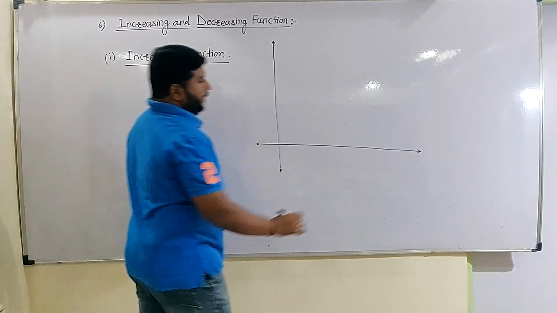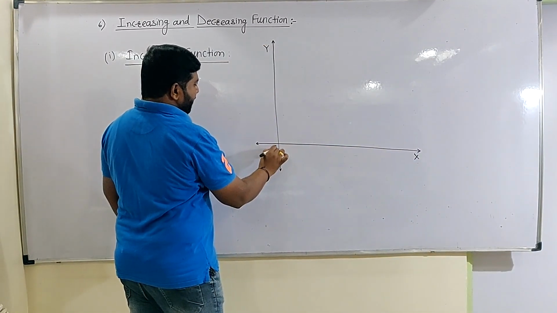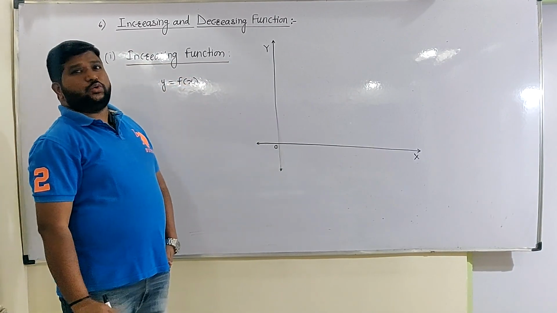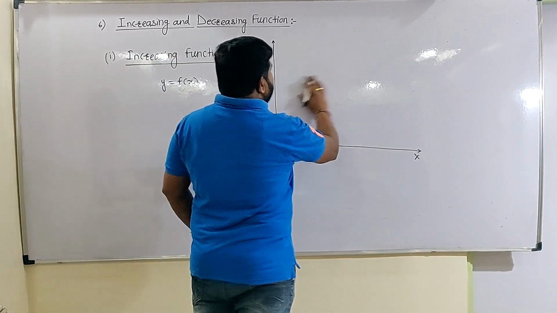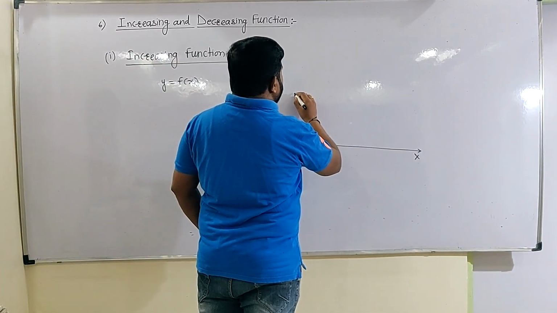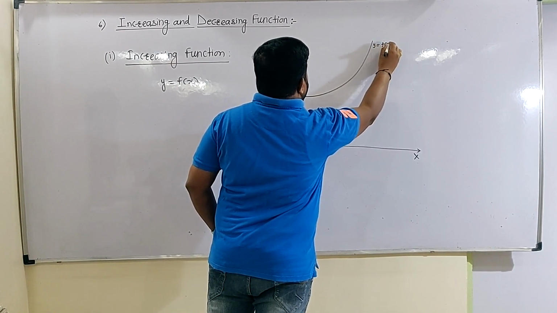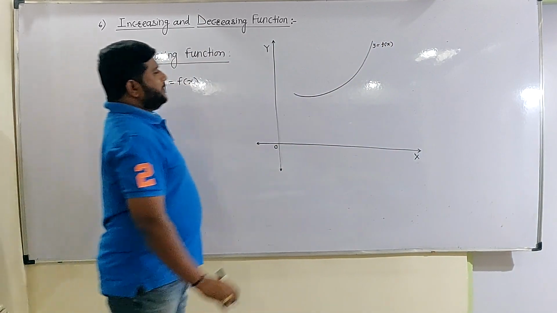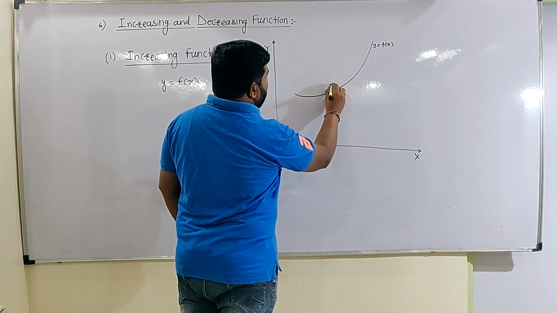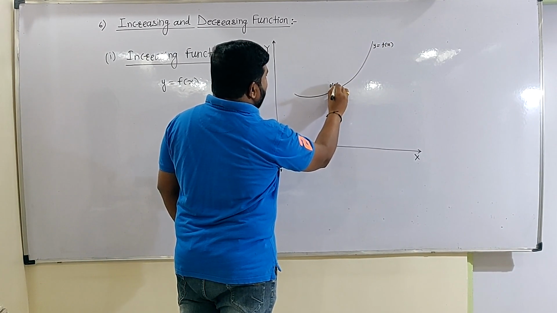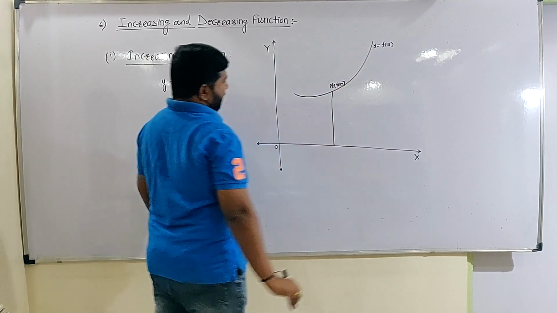This is two-dimensional geometry, x-axis, y-axis, intersection is origin. This is called the xy plane. y is equal to f of x is a continuous function. Suppose this curve passes through the point P. The coordinates of P are a comma f of a.